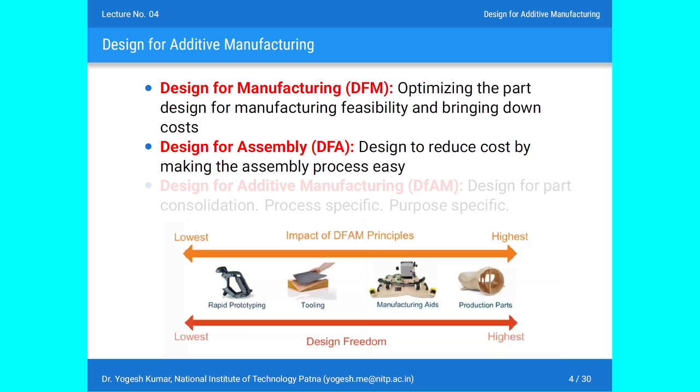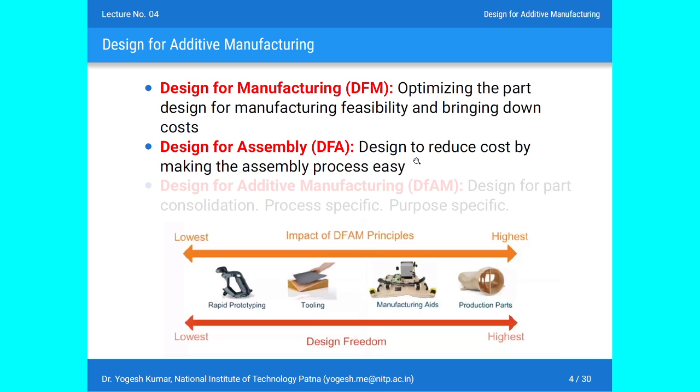Then the people from the design group might be aware of design for assembly. The basic purpose of design for assembly is to design the product in such a way that the overall cost of your product is reduced by making the assembly process easy.